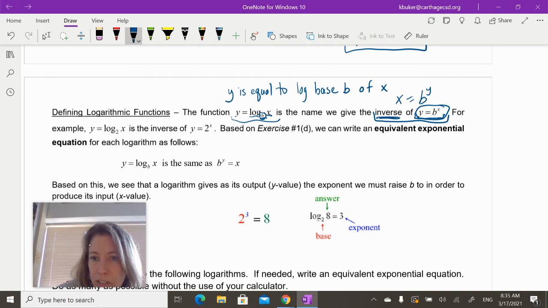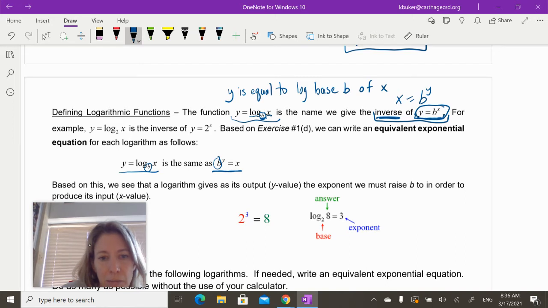The inverse of this, we switch the x and y. Therefore, y equals log base b of x is the same thing as b to the y power equals x, or x equals b to the y power. So logs can be written in exponential form, and exponents can be written in log form. Notice in both of these, the base stays b.